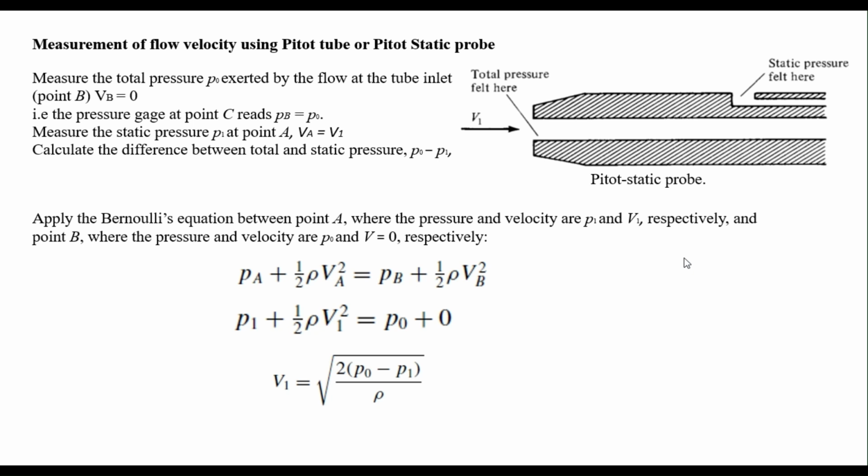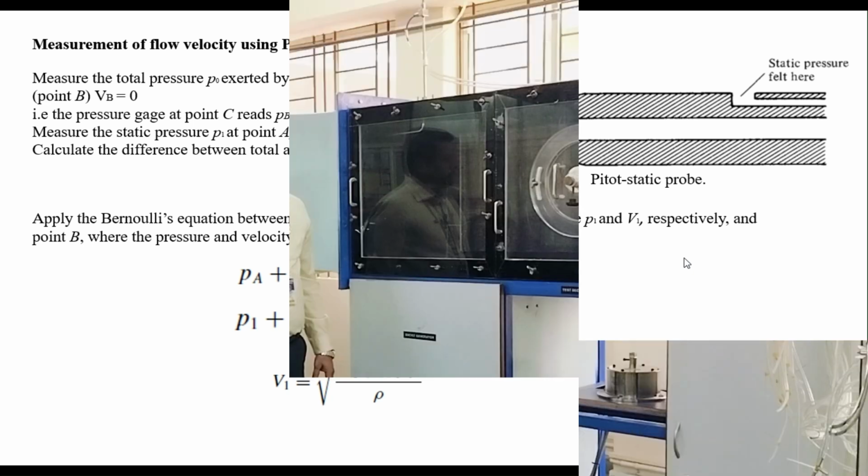Also we know that P is equal to rho g h, so the equation will reduce to root of 2 rho g into delta h. So delta h is the manometer head.